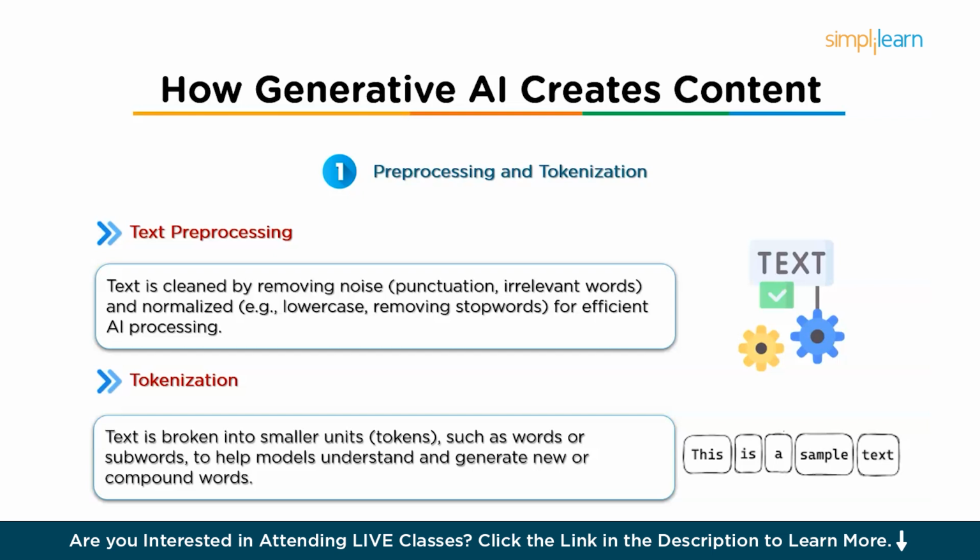Here you can see this is a sample text, and they have tokenized each word, but you can also tokenize each letter or a group of letters. For example, the word "generating" can be tokenized as "gen" one token, "er" one token, and "ating" another token. This allows the model to understand and generate less common or compound words that it hasn't seen before.